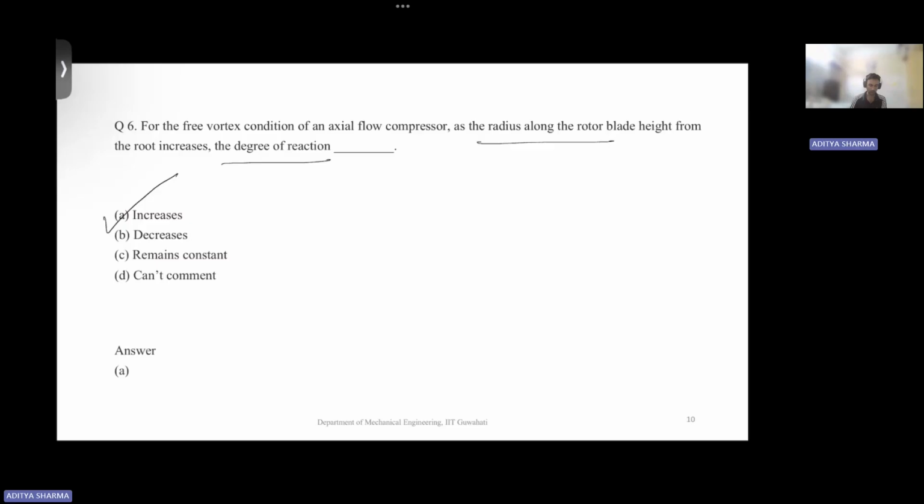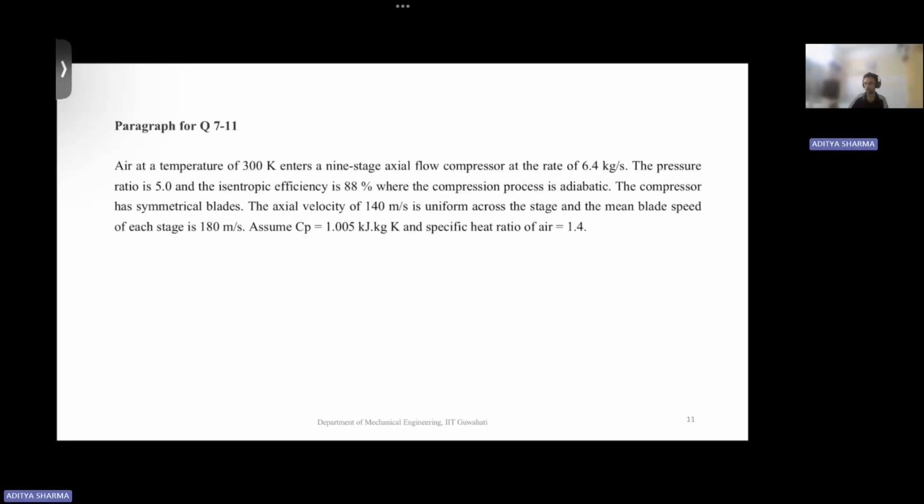Then we'll move on to numerical questions. First, please have a look at the paragraph.